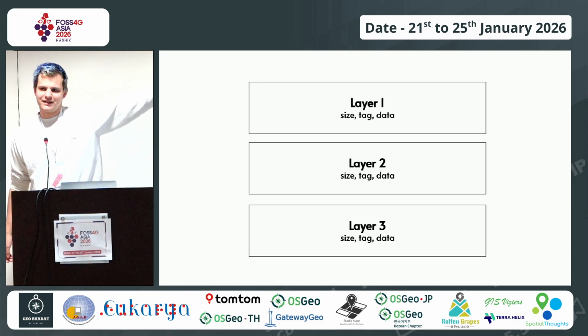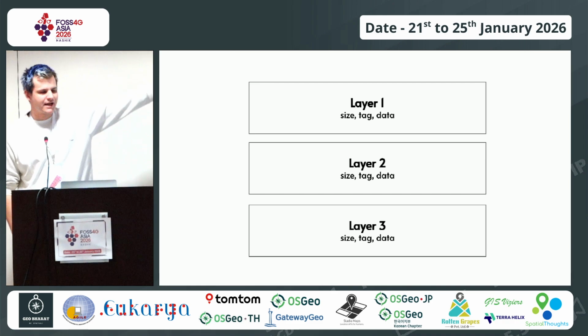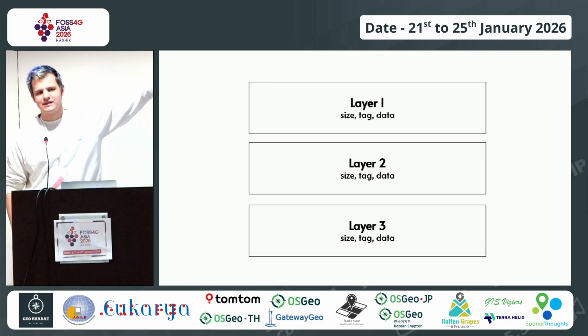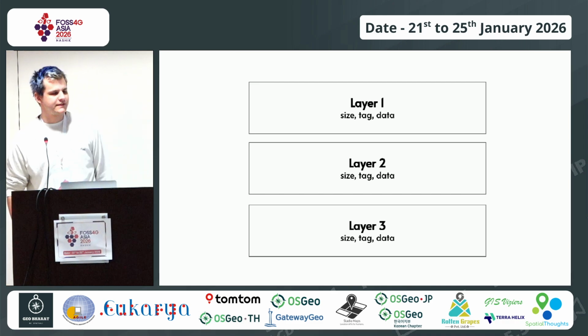We put a size and a tag in there. Why size and a tag? Because then I can efficiently skip each of these layers. For example, if I know that my client won't decode a tag. Tag is basically a version number because we don't think we're gonna get this right on the first run.